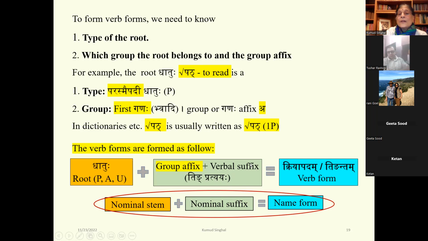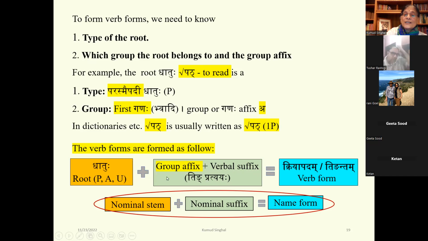Here, the verbal suffixes will depend on what kind of dhatu it is. If it is a parasmaipadi dhatu, then it will take parasmaipada suffixes. And if it is an atmanepadi dhatu, it will take atmanepada suffixes.